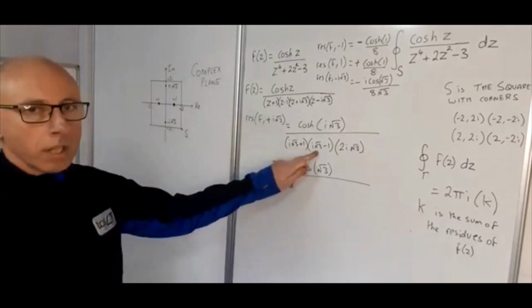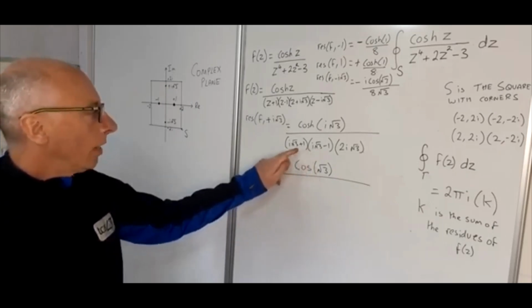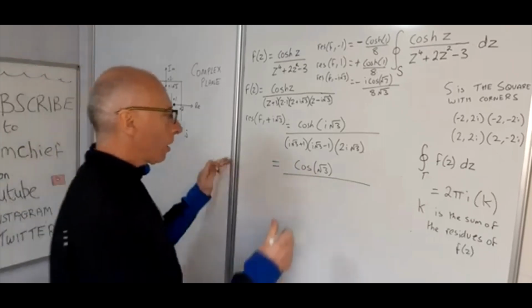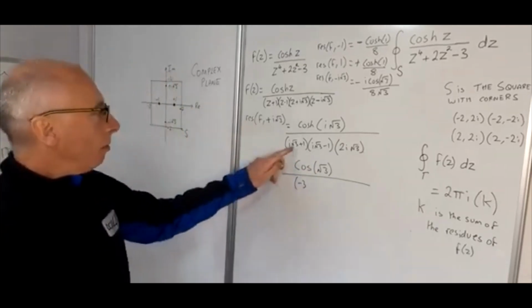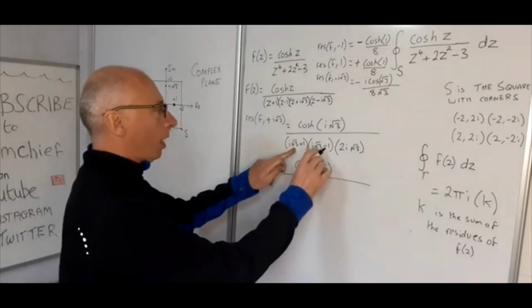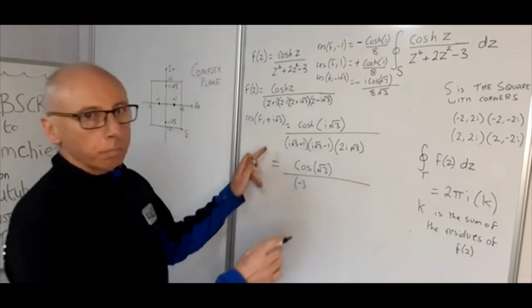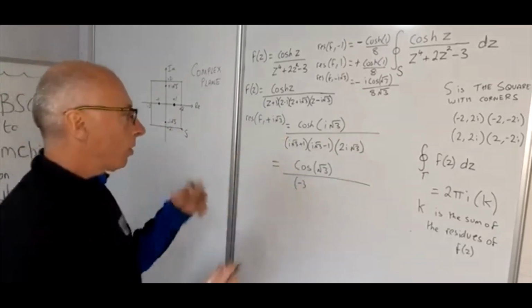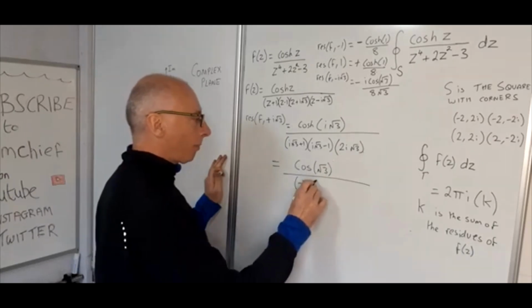Now i root 3 times i root 3. i squared is minus 1, and the root 3 squared is 3. So this is going to give us minus 3. And then i root 3 times minus 1 and i root 3 times plus 1, those are going to sum together to give us a 0, so we can leave that out. And then plus 1 times minus 1 gives us minus 1.